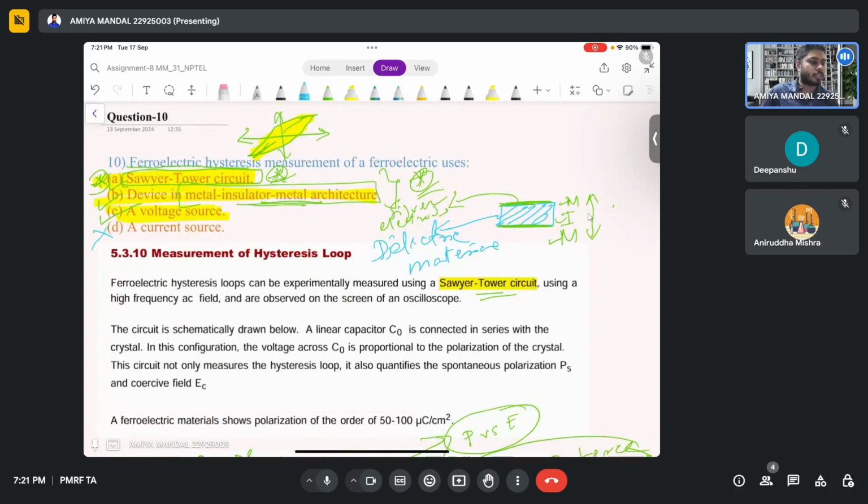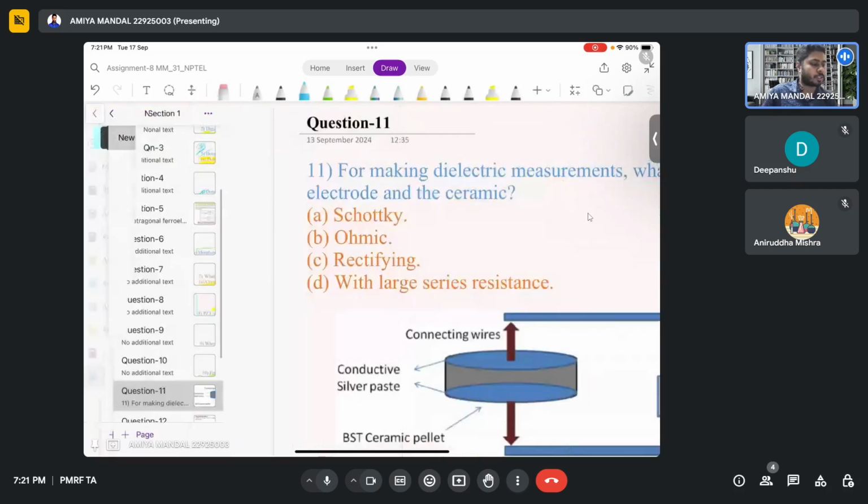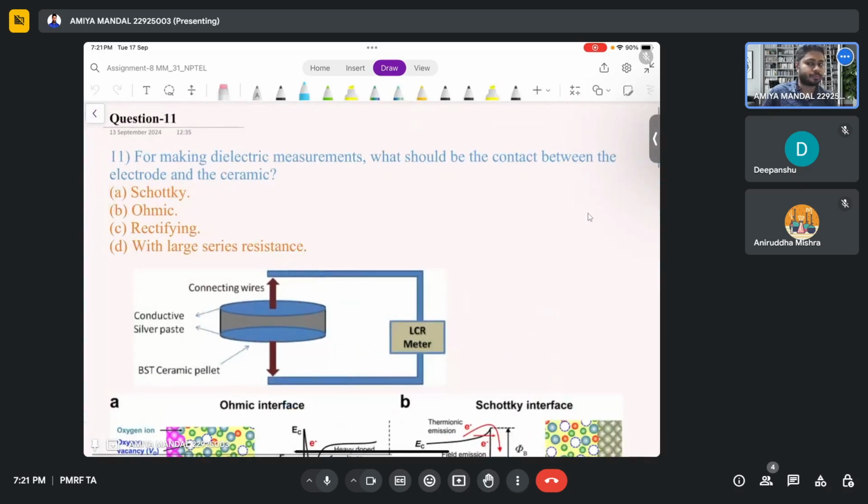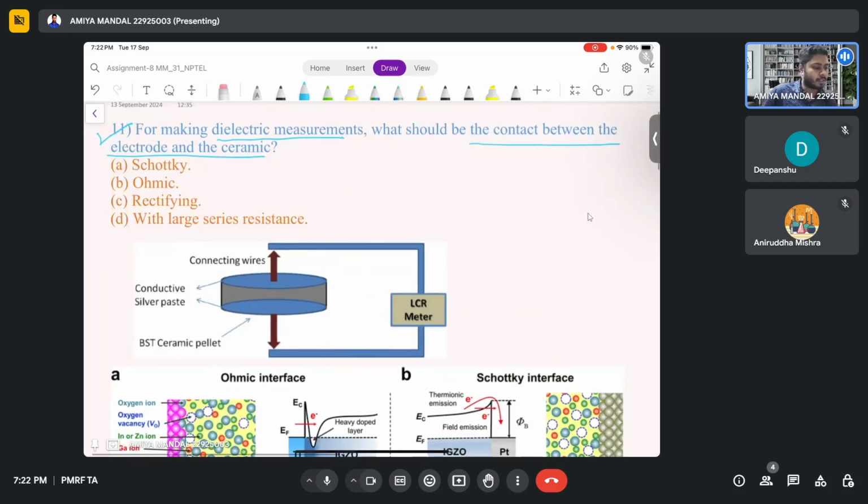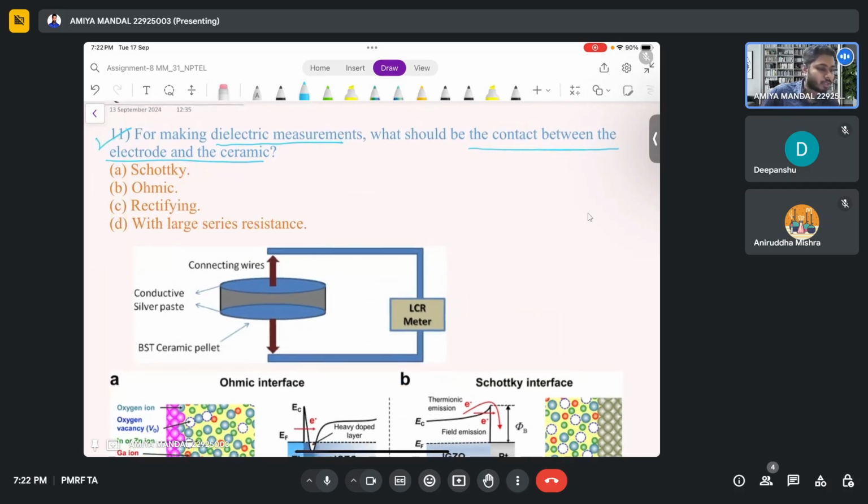Next we move forward to question number 11: for making dielectric measurements, what should be the contact between the electrode and the ceramic? You can see how the electrode and ceramic are arranged. These are conductive silver paste pasted on the upper and lower sides of the dielectric material.